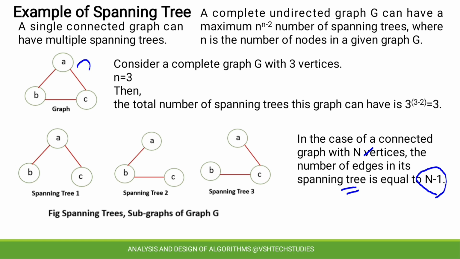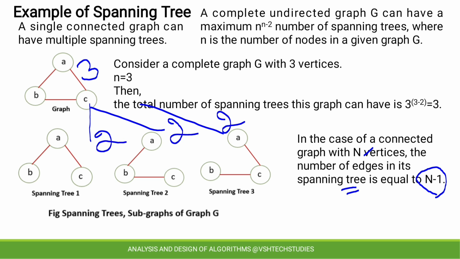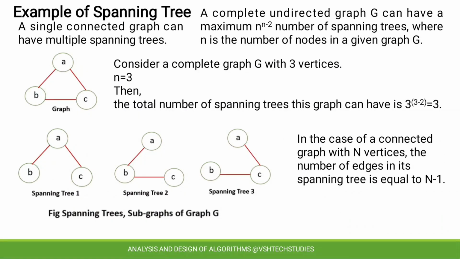So here 3 vertices are there, so in their spanning trees, definitely there will be only 2 edges. So 1, 2. There are 2 edges in the first spanning tree, and similarly in the second one and the third one. Now we have understood what a graph is, what spanning trees are, and for the given graph how many spanning trees can be obtained.